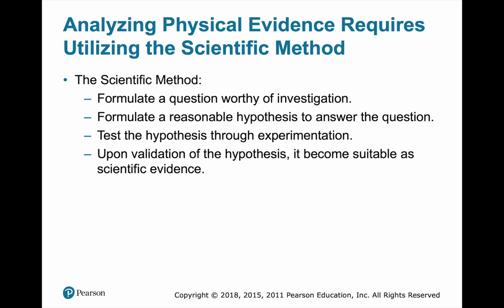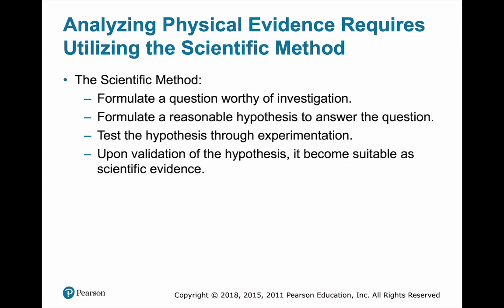Then you set up an experiment to test your hypothesis to answer the first question. And this is through experimentation. Then, upon validation of this hypothesis, it becomes suitable as scientific evidence. So then you look at the data and you say, okay, does my data support my original hypothesis, or does it not support my hypothesis?